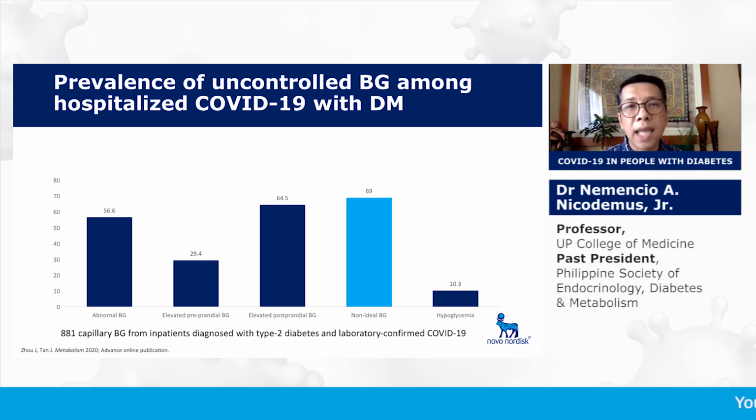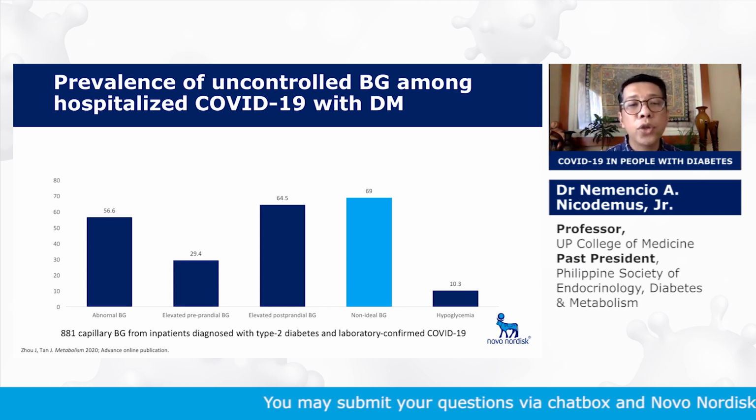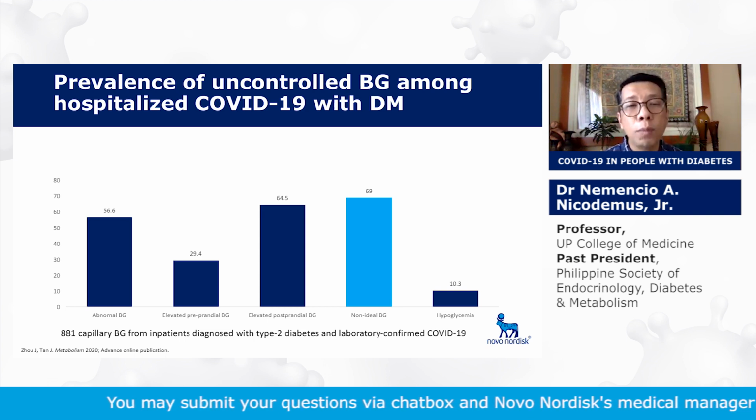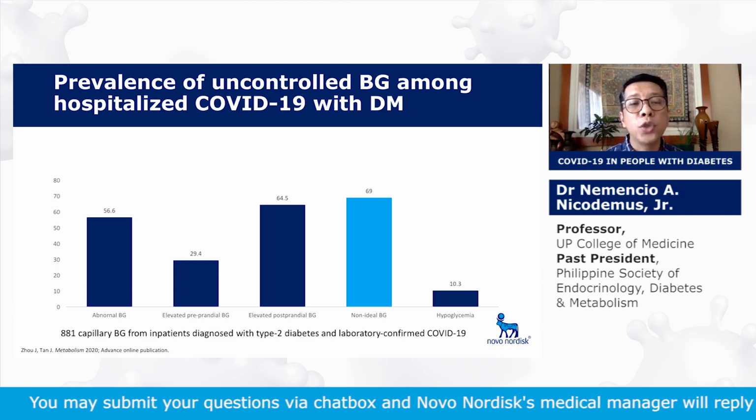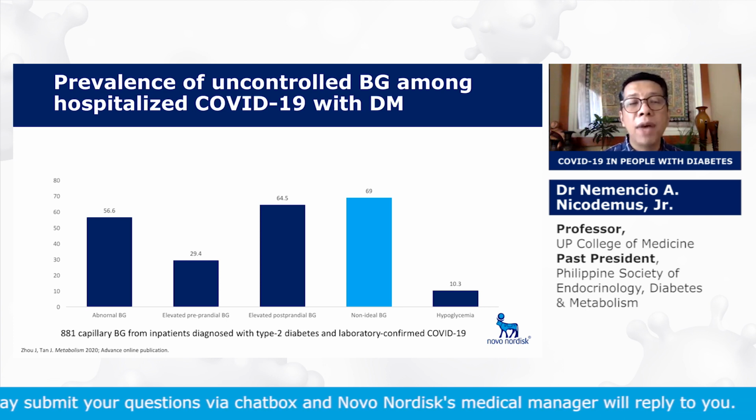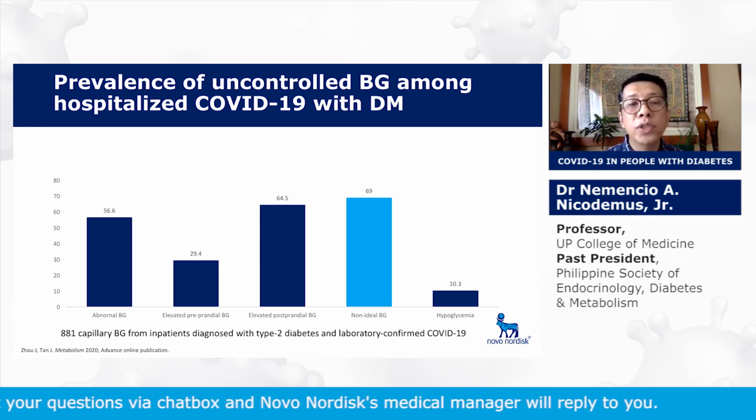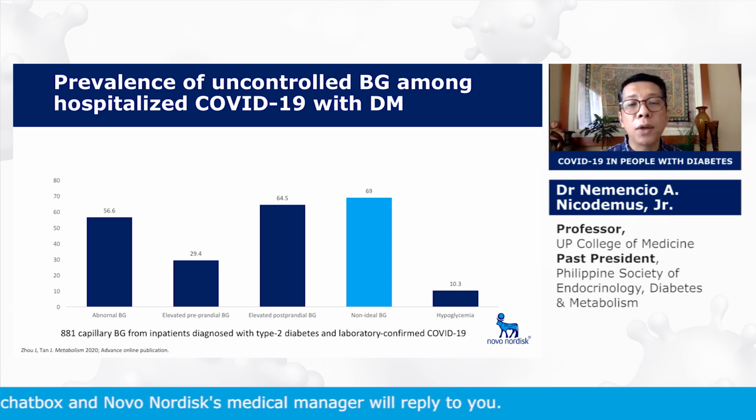The data that I'm going to share with you pertains to hospitalized patients with COVID-19, and these include patients who were monitored with their blood glucoses, and the study was able to show that more than half of the patients have abnormal blood glucoses. As you can see here, some have elevated fasting blood glucoses, but there are more who have elevated postprandial blood glucoses.